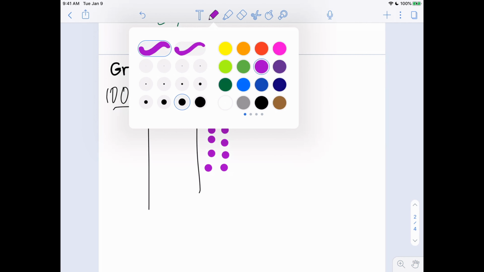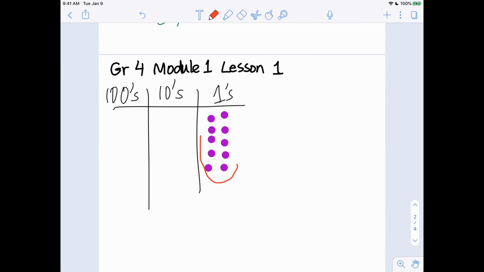Now the key thing we're gonna learn is that whenever you have 10 in a column, you can exchange those 10 for 1 in the next column to the left. So these 10 ones can be cashed in for 1 ten.